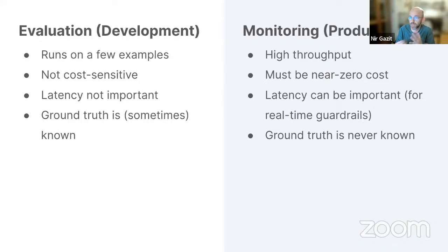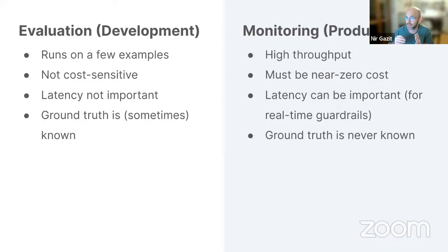And lastly, when you evaluate your application offline during development, you have some ground truth. Let's say you build a RAG pipeline and you want to test it on a couple of toy questions. You probably have written down the expected answer you expect to get from that call to the RAG pipeline.